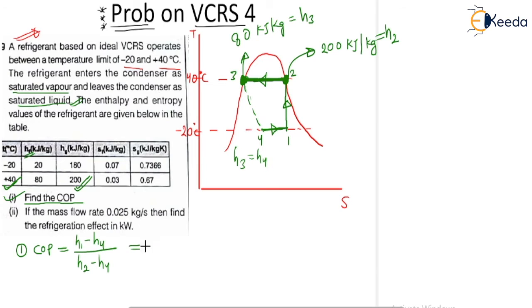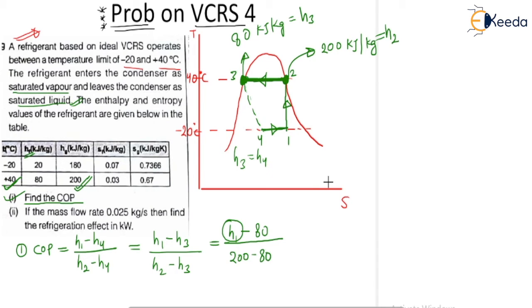So we can write the COP value like this: (h1 minus h3) upon (h2 minus h3). That means we have to replace this h4 by h3. Okay, right. Now let's put all the values here. The value of h1 is unknown, the value of h3 is 80, the value of h2 is 200, and the value of h3 is again 80. So here the unknown value is h1.